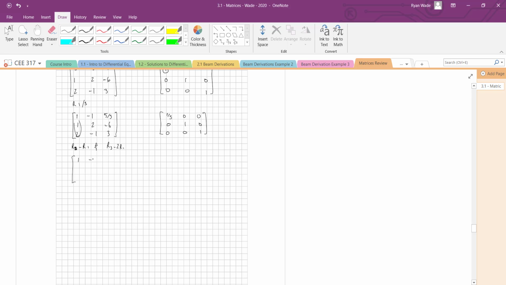So I got 1, negative 1, 5 over 3, 0, and then minus R1, so that's going to be 3. And this one works out to negative 23 over 3. This is 0, and I've got 1 and negative 1 over 3. Now I've got to do the same with my identity matrix. And then 0, 0, 1, 0, 0, 1.